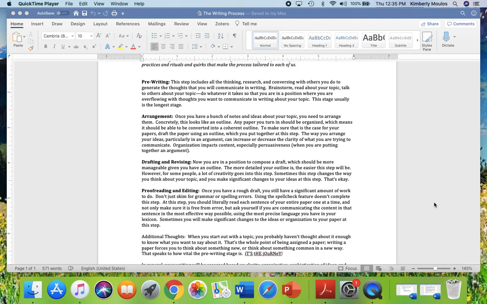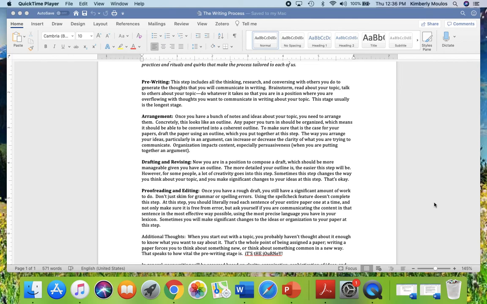So if it's world religions, the topic of the world's religious and philosophical traditions, that's a very huge net to be casting. So you have to figure out, okay, what is a particular tradition I want to write about? What is a specific aspect of that tradition, so on and so forth. And that's going to take some time and is part of the pre-writing process.